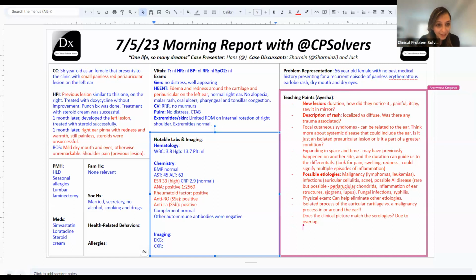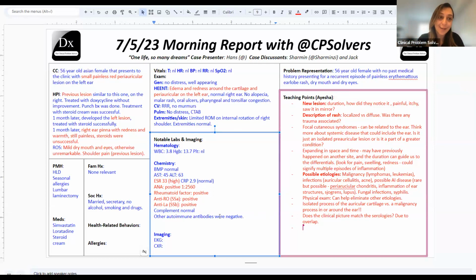ASC, I believe, was a little bit elevated. So sometimes people can have PBC involving the liver. Kidneys can sometimes be involved, and there can be neurological, hematological involvement, but those are often less likely. The one thing that I do not have in my illness script for Sjogren's is ear involvement, which I could totally be wrong about.